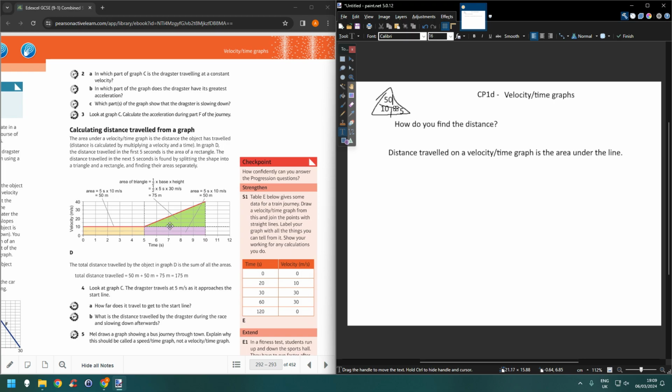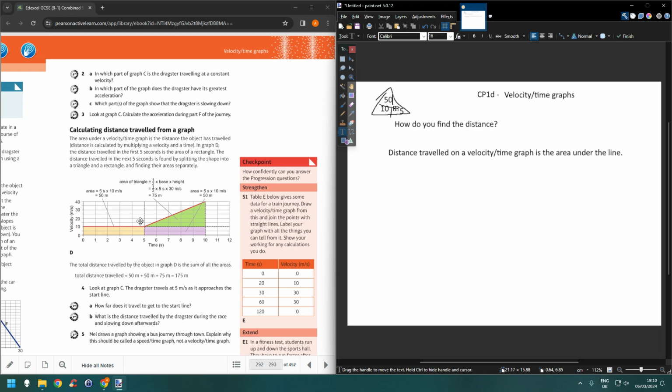So the base length is 5 and the height is 30, because the difference between 10 and 40 is 30. So height of 30, width of 5. And then of course you half it. So half, because it's a triangle, times 5 seconds times 30 meters per second is the height, equals 75 meters.